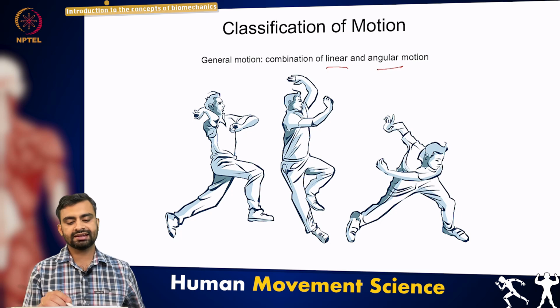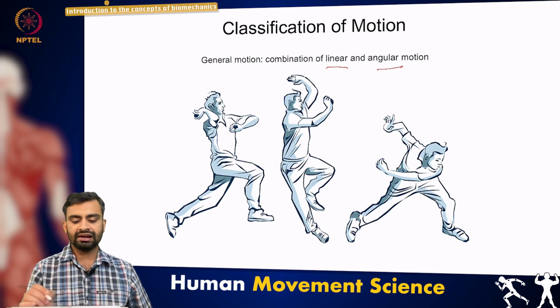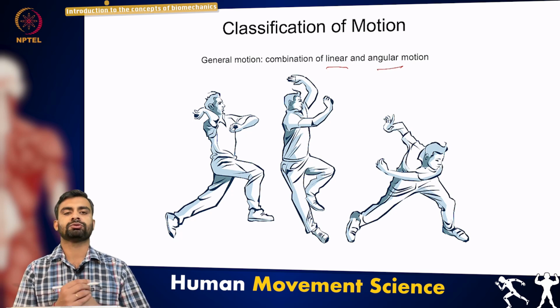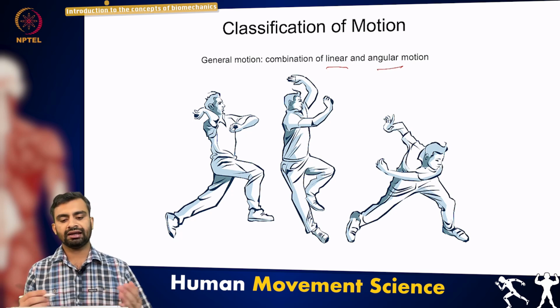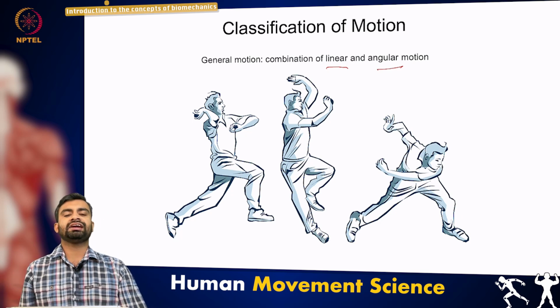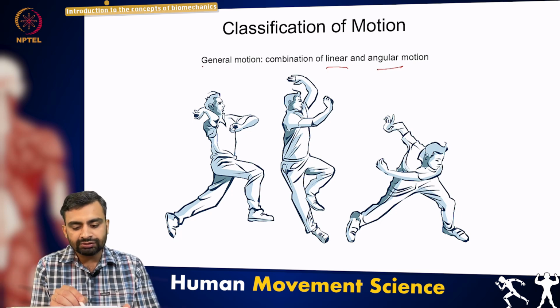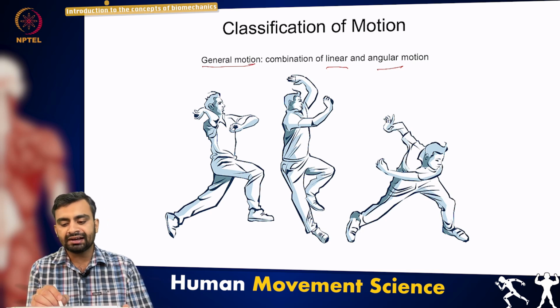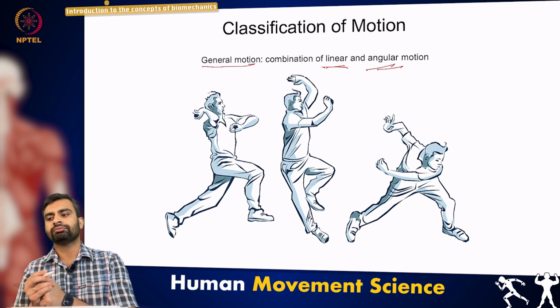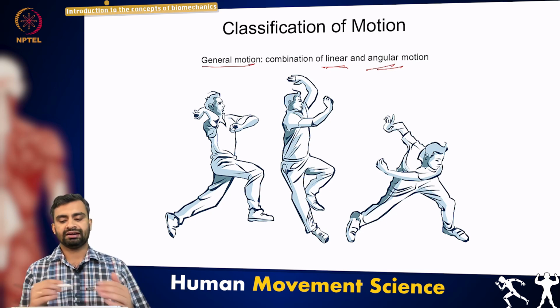For example, cricket bowling involves both linear as well as angular motion. Generally speaking, in every day-to-day activity, it is always a general motion. Isolated linear and angular motion are very difficult to mimic in real life.